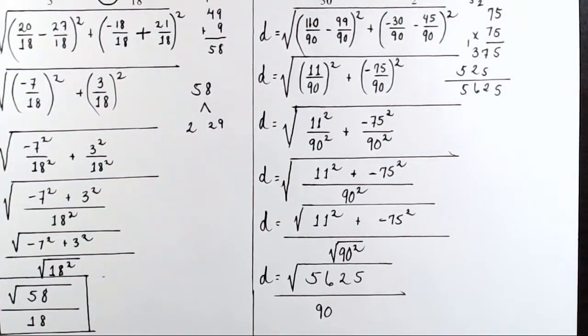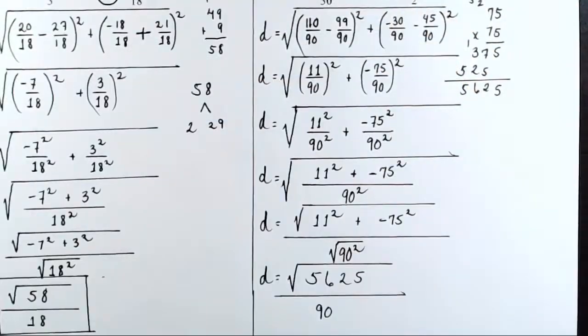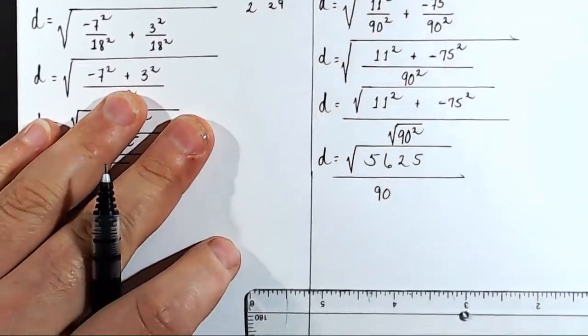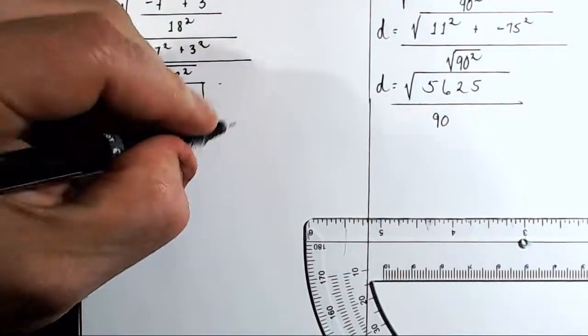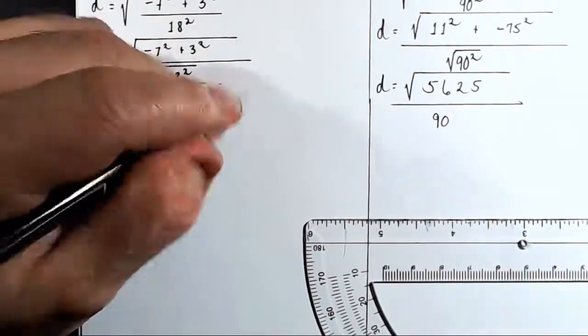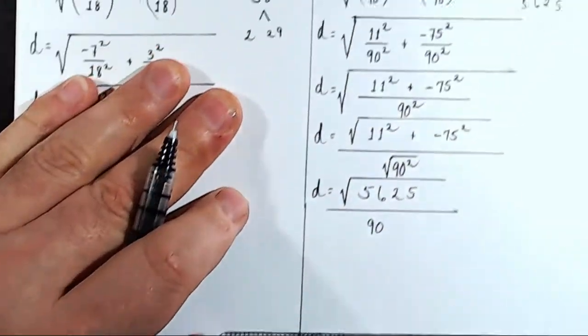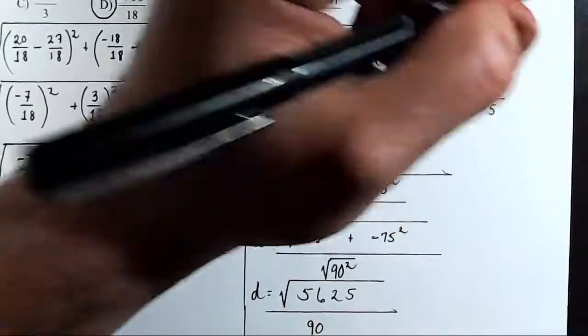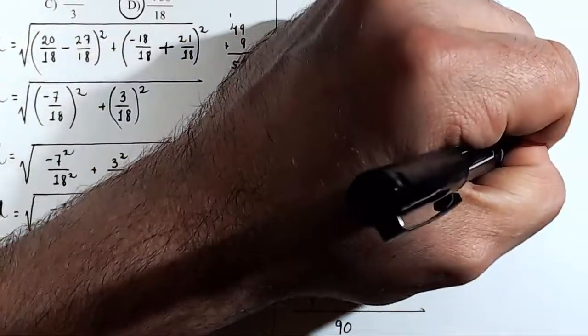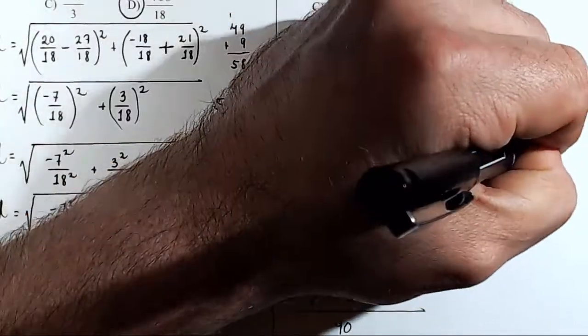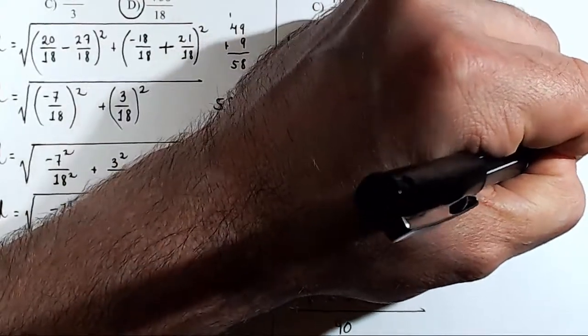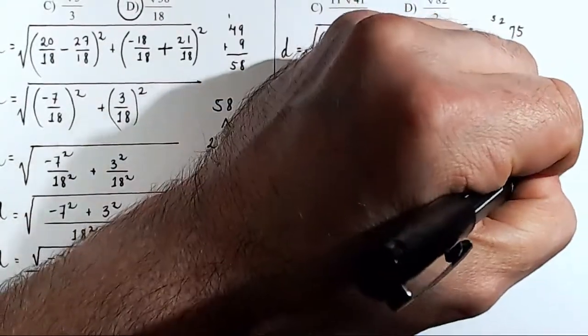So now we just have to prime factor 5,625. No problem. I've got some room to work over here. Well, okay, I want to keep all the problem together. So I got 5, 6, 2, 5, and I want to prime factor it.